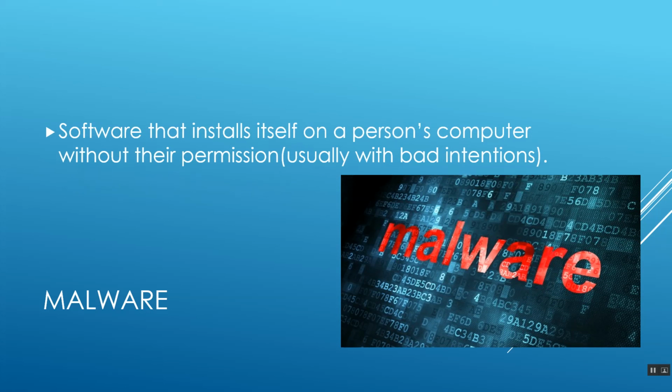Now, on the list of software that we don't want on our computer: malware. Malware basically just means software that installs itself on a person's computer without their permission, usually with bad intentions. This would be your viruses and things like that could be considered malware.